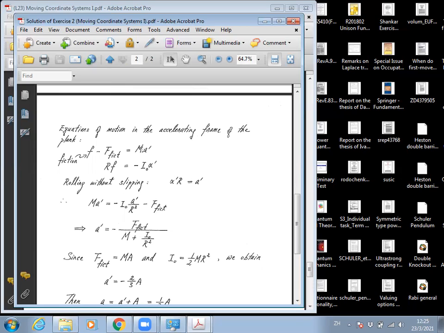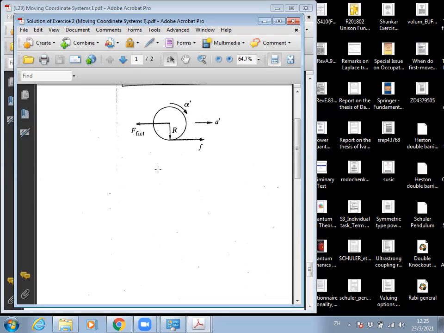How about rotation? Rolling without slipping, the constraint equation. R times F, this is the rotational motion. R times F equal to minus I naught alpha prime, right?